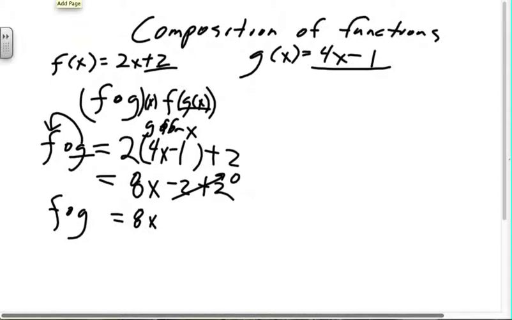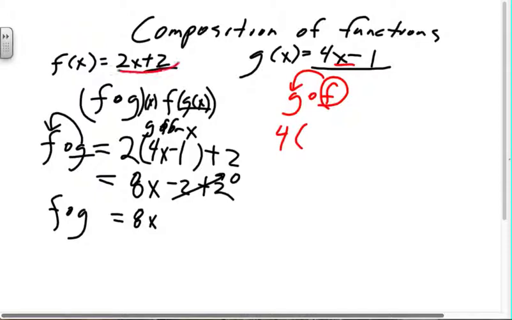Okay, let's deal with Goff. Notice these are in inverse order. So what I do is I take f and I put it in wherever I have an x in g. So I start off with g 4 times, now I've got an x.